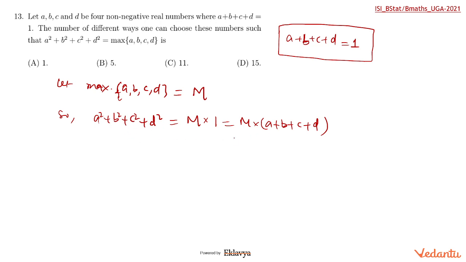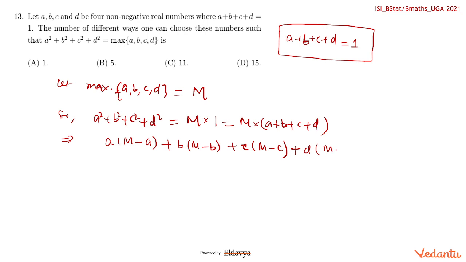I mean, M times A is more than A square. I mean to say this is like A times (M minus A) plus B times (M minus B) plus C times (M minus C). This step, where we put 1 as A plus B plus C plus D, made the solution very easy.